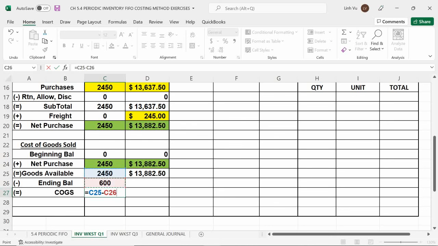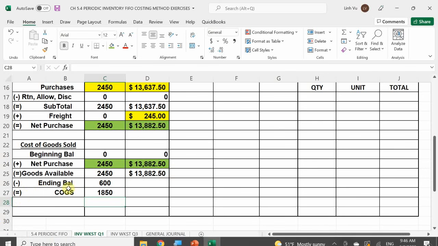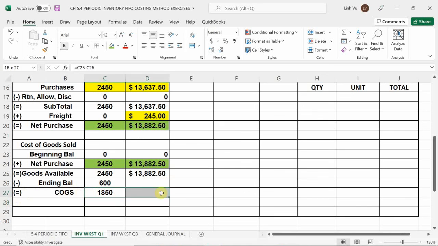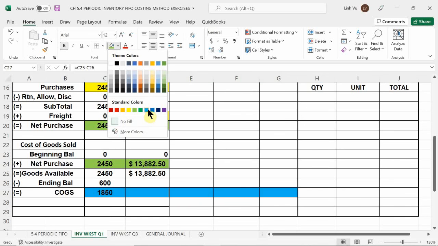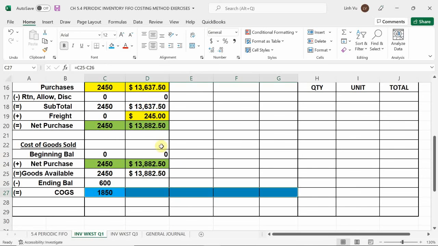So if I had 2,450 units and I have 600 left, how many units did I sell? 1,850. You have 1,850. And this is where I'm going to need to calculate my total cost of goods sold. So in this case, I'm going to highlight this because this is where this number is going to come from. Okay?